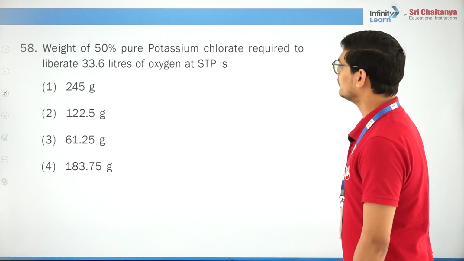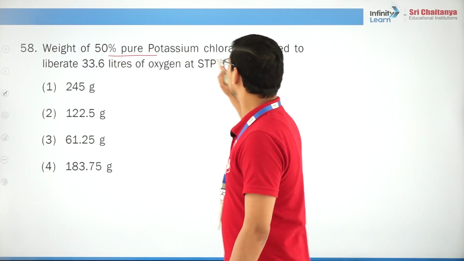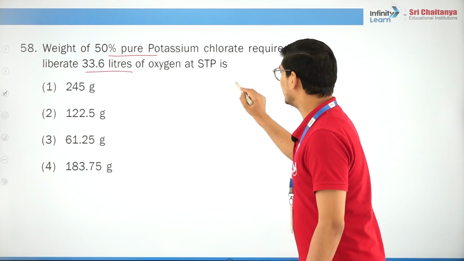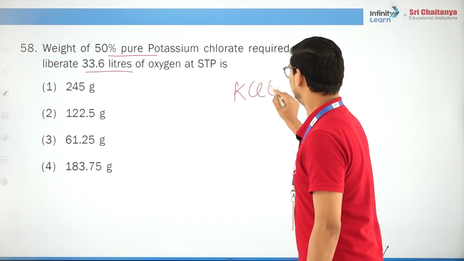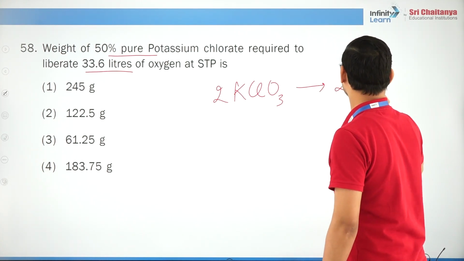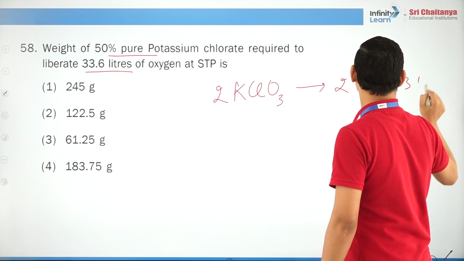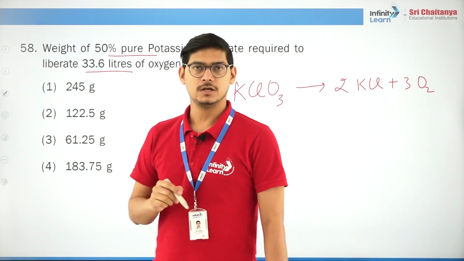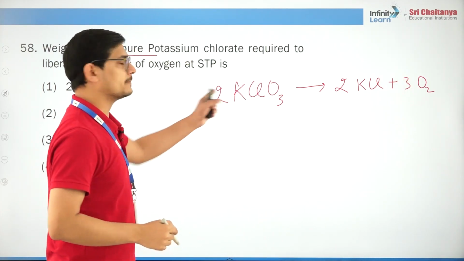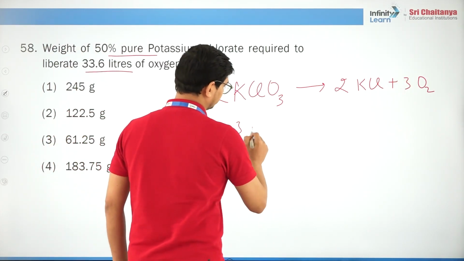Clear? Weight of 50% pure KClO3 required to liberate 33.6 liter of oxygen. Okay. Now you'll have to write the balanced chemical equation. Right? So 3 mole of oxygen comes from 2 mole of KClO3.